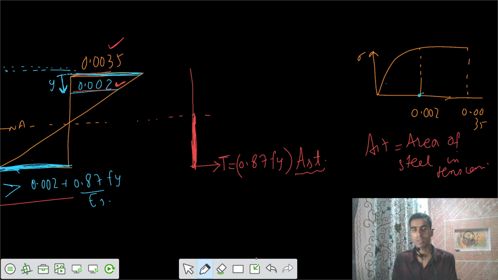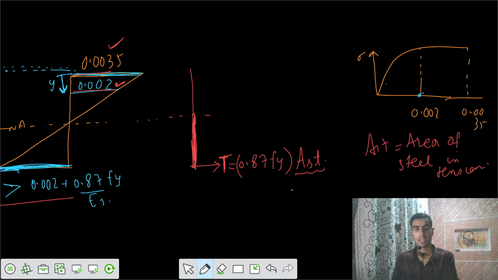That means there's some tensile force developed. That is the strength developed because of the section capacity. So this is your T equals 0.87 Fy Ast, and from the top side we have that assumption number 3, and based on that we can have the stress block in this fashion.